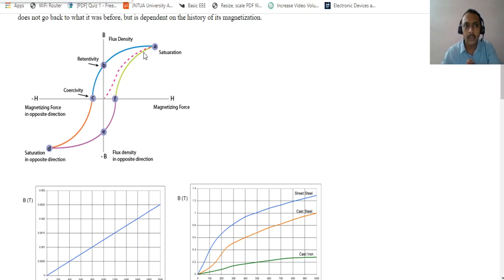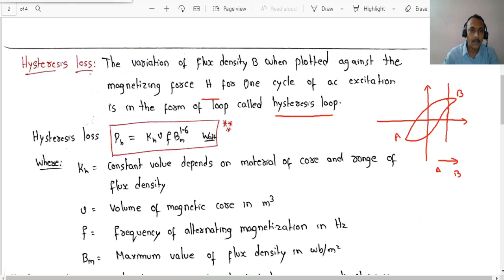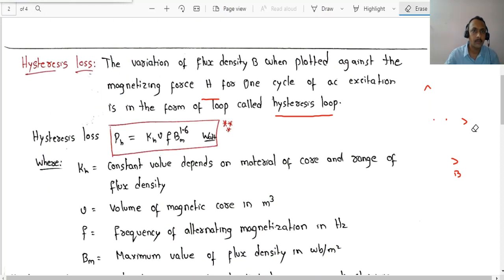It will take some other path. If you join all those points, you will get a shape like this. This is called the hysteresis loop.